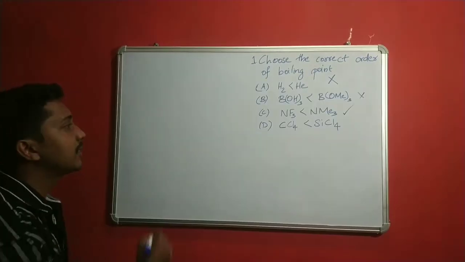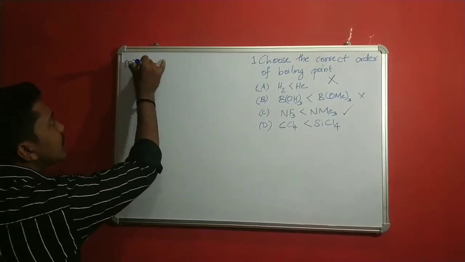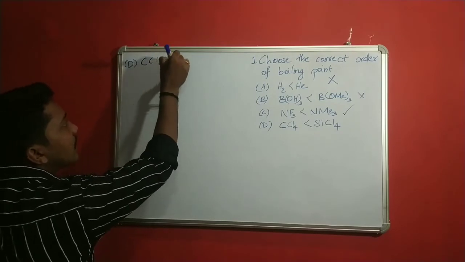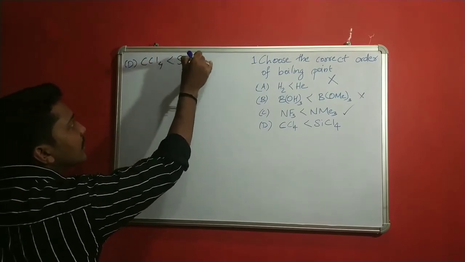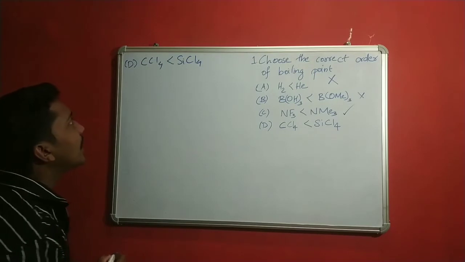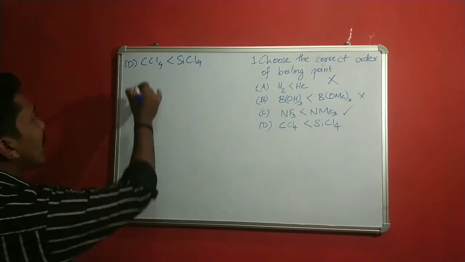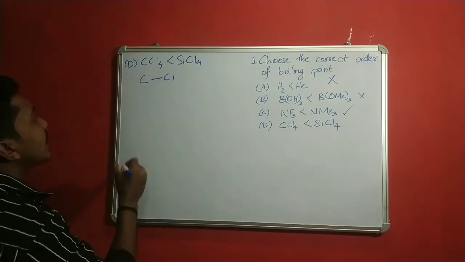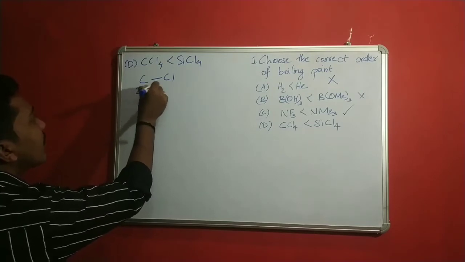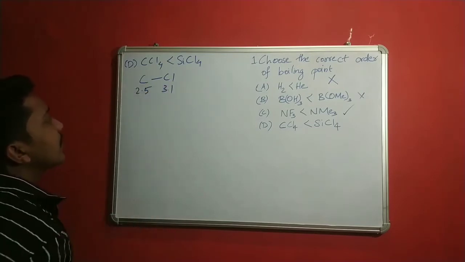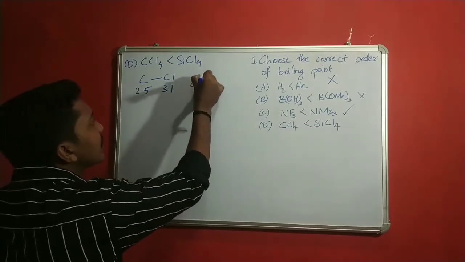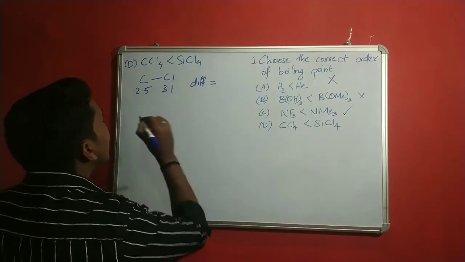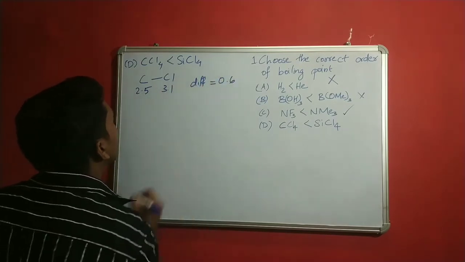The fourth option says CCl4 has a lower boiling point than SiCl4. The electronegativities of carbon and chlorine are 2.5 and 3.1. The difference is 0.6.